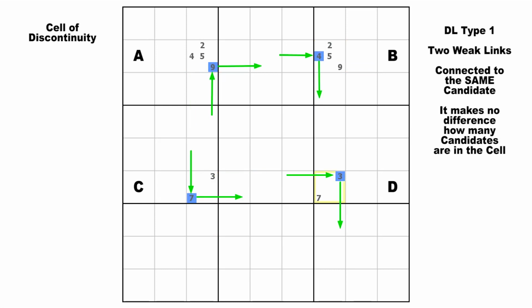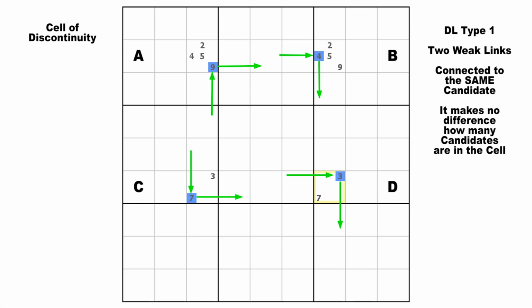All right, in a discontinuous loop type 1, the cell of discontinuity is going to look like this. There will be 2 weak links connected to the same candidate, and it makes no difference how many candidates are in that cell as long as there are at least 2. Remember, in my tutorials, weak links are always represented by green arrows.